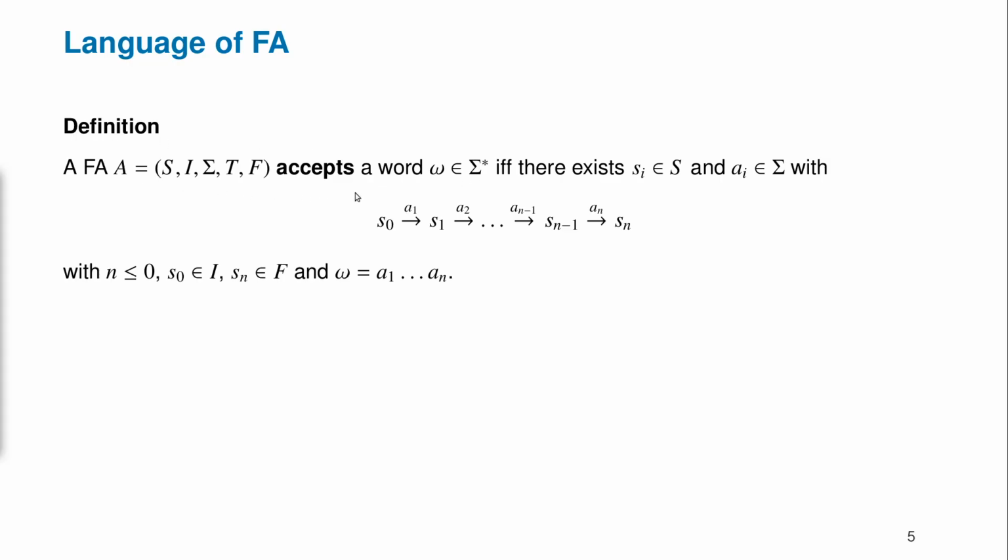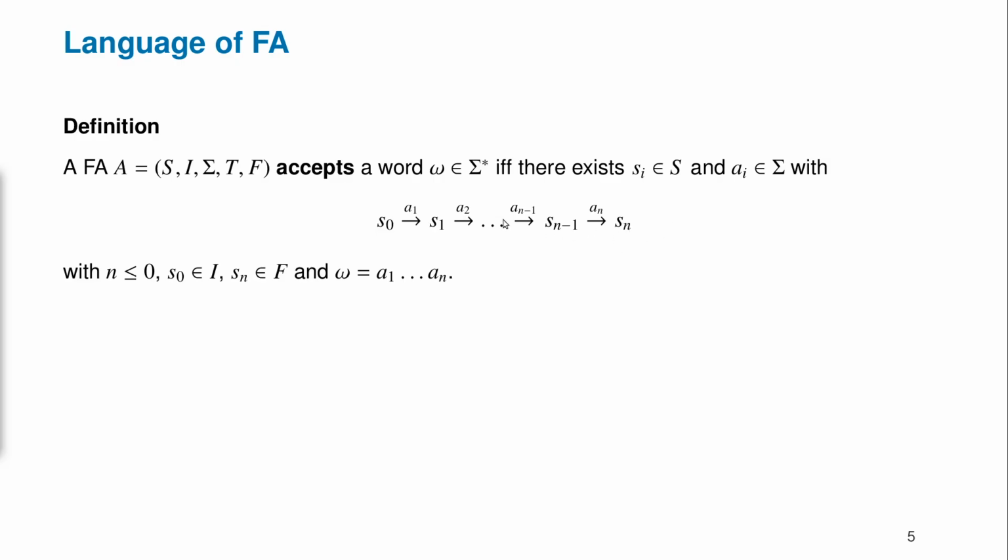We say that A accepts such a word if there exists a sequence of n+1 states and n symbols, such that we can go from a state S0 with symbol A1, which is the first symbol of the word omega, to a state S1, and then with symbol A2 we go to the next state S2, and so on, until we end up with the last symbol from omega in state Sn.